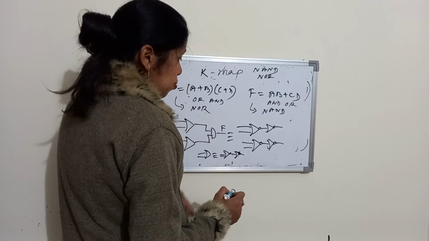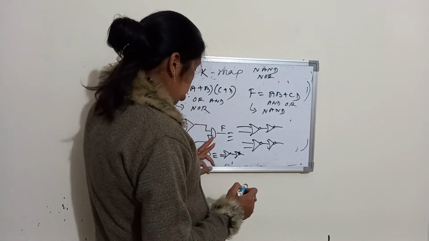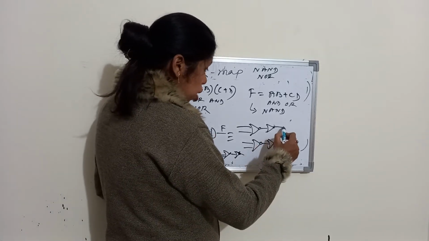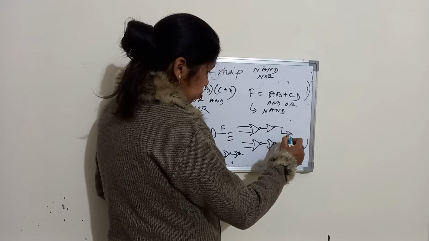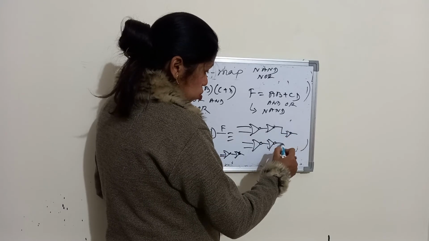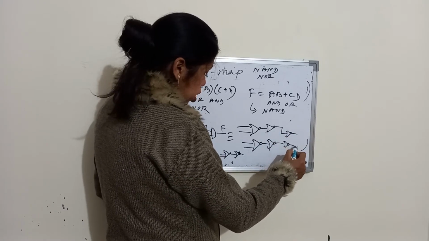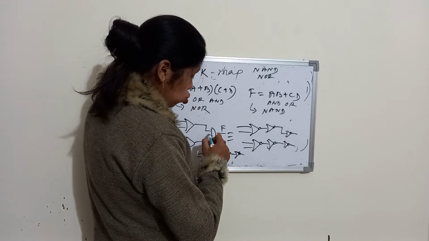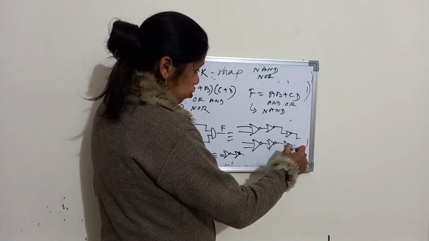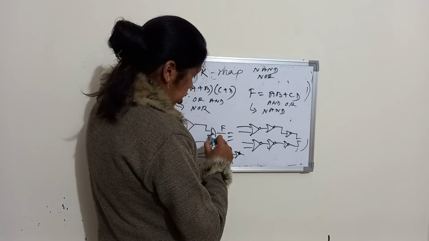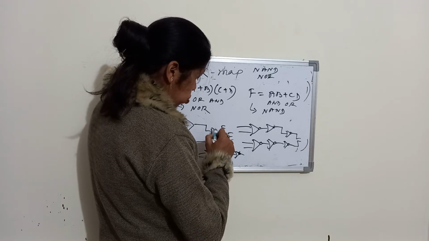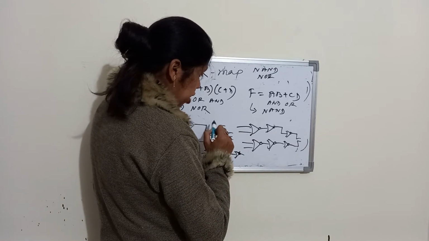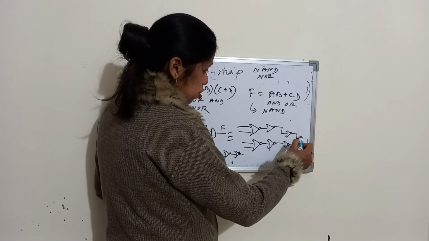now AND gate. So AND gate, what is the equivalent NOR gate for AND gate? So how we will do, first I am adding one NOR gate here. In two terminals I am adding two NOR gates. Okay, and here I am adding one NOR gate, replacing this AND gate with the NOR gate.